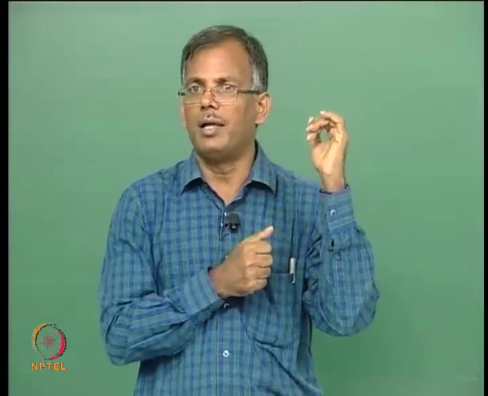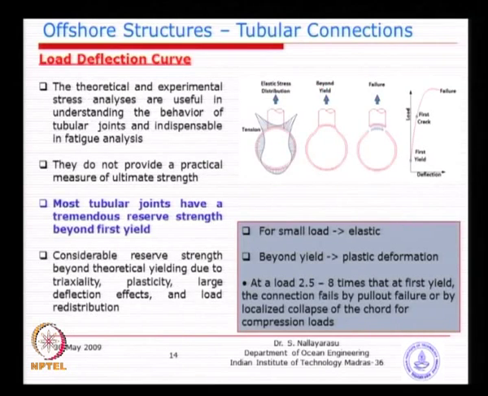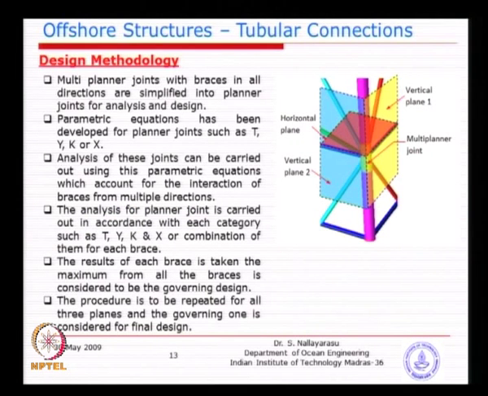It is not that you will take thickness from here and thickness from the other and add them together, it is not like this. The cross reference effect is taken into the design itself. So, you do not need to worry about that. So, that is the methodology adopted in the tubular joint design.